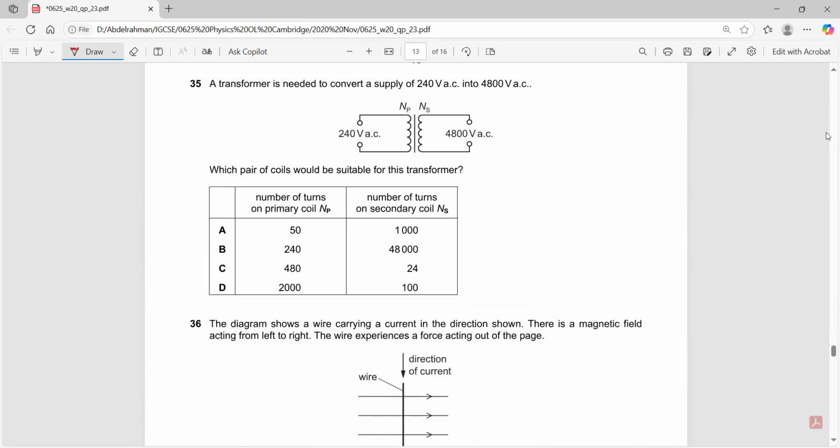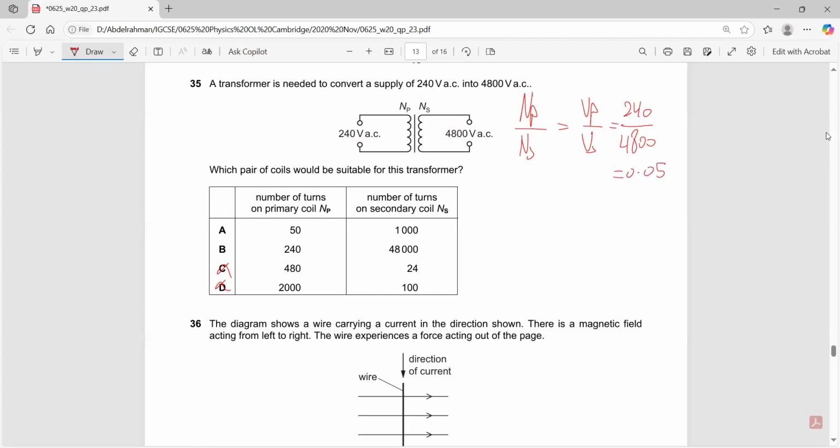35. A transformer is needed to convert a supply of 240 to 4,800. Which pair of coils would be suitable? This is a step-up transformer, right? A step-up transformer, so we can cancel out C and D. The equation is NP over NS equals VP over VS, which is 240 over 4,800, which is 0.05, right?